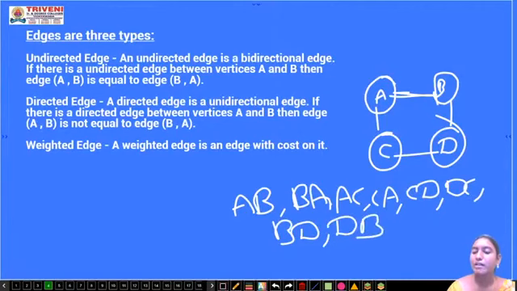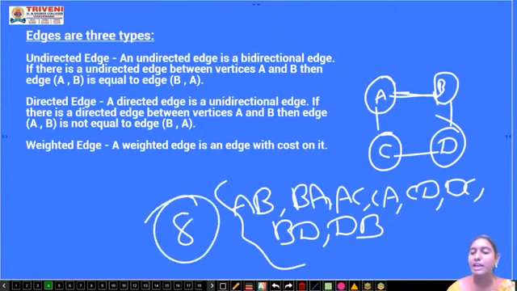So here 5, 6, 7, 8. Totally how many edges are there? 8. Totally 8 edges are formed from one node to another node. The edge A comma B is equal to the edge B comma A. So when moving in both directions, we didn't mention any arrow symbols on these edges. That is called an undirected edge, and undirected graph.